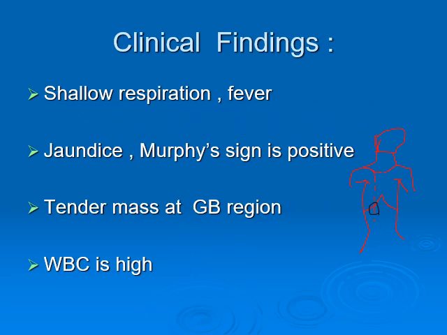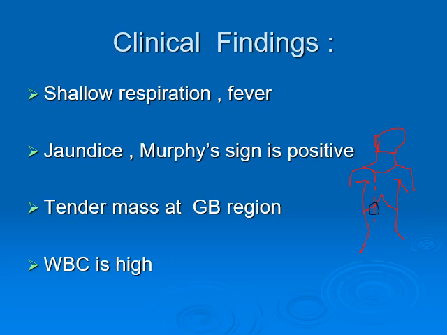Clinical findings: shallow respiration, fever, jaundice, positive Murphy sign, and you should know what is meant by Murphy sign. Murphy point is the point of intersection between the mid-clavicular line and the right costal margin. This point corresponds to the gallbladder fundus.